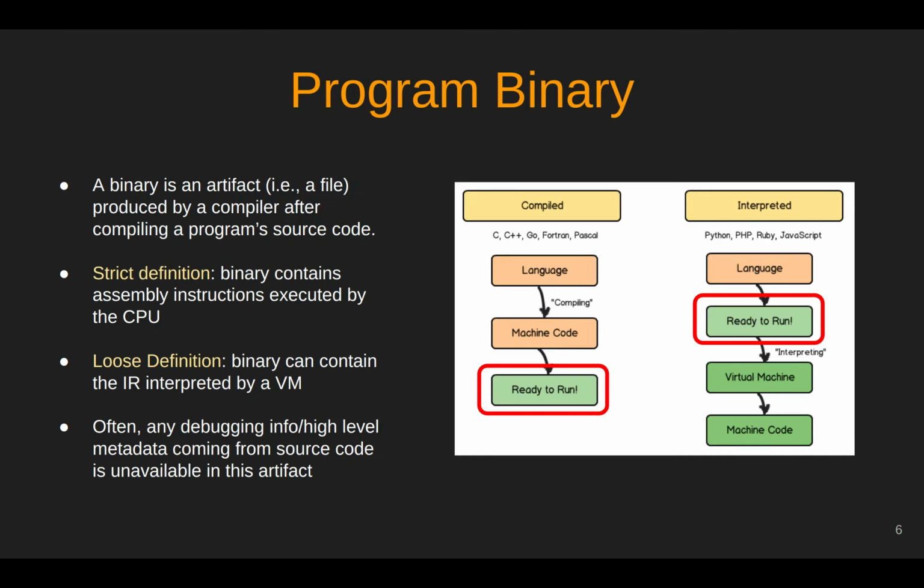All right. So what we consider a program binary is just compiled source code. You get the source code which was written by a developer, and then you compile it into machine code, you double click it, you run it in bash, whatever, it executes, and that's it. That's a program binary. But from a more abstract or less strict definition, you can look at a program binary as just a set of instructions for some machine that can interpret those instructions.